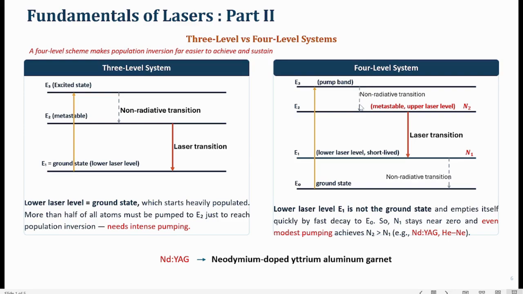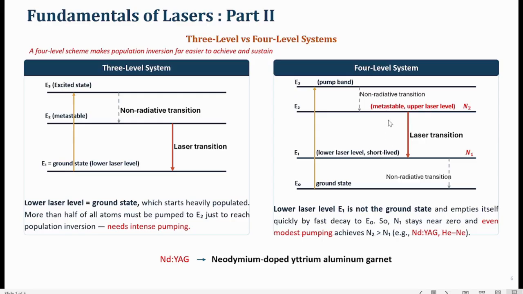They will decay to level E2 through non-radiative transitions. Now this E2 level is the metastable state, so it has a longer lifetime. So this N2 is now building up, the number N2 is increasing here.